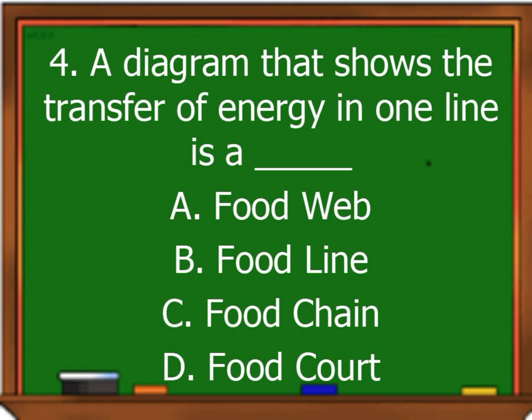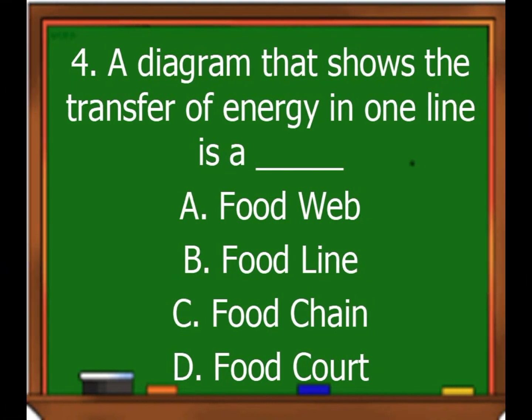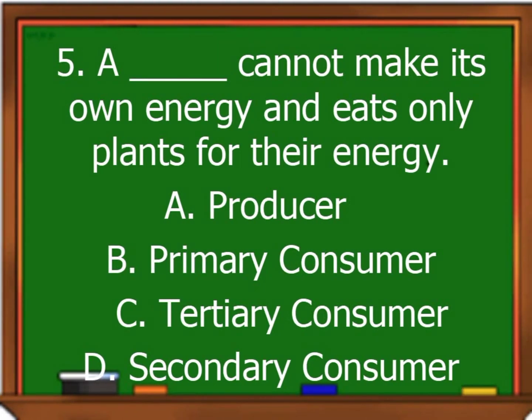B. Food line. C. Food chain. D. Food court. And number 5. A blank cannot make its own energy and eats only plants for their energy. A. Producer. B. Primary consumer. C. Tertiary consumer. D. Secondary consumer.